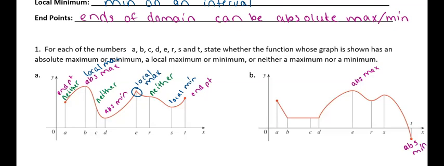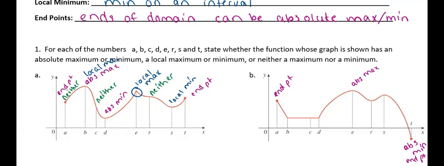So let's see what else we can find. We know that this is an endpoint right here. Our absolute min this time is an endpoint. And that's okay. The absolutes can be endpoints. The locals cannot. So absolute endpoint, that's okay.